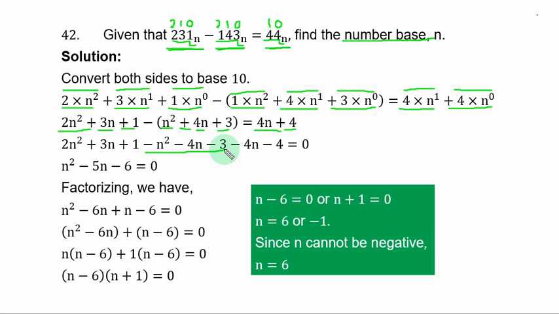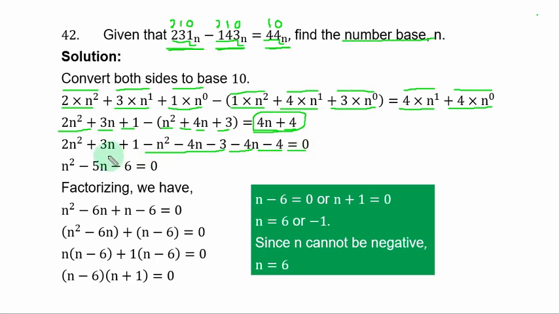The power of 2 attached to n means we are likely going to have a quadratic equation. For us to solve it, the right hand side needs to be 0. For that, we have to transfer these two terms to the left hand side. If you transfer plus 4n, you have minus 4n. You transfer plus 4, you have minus 4 equal to 0.